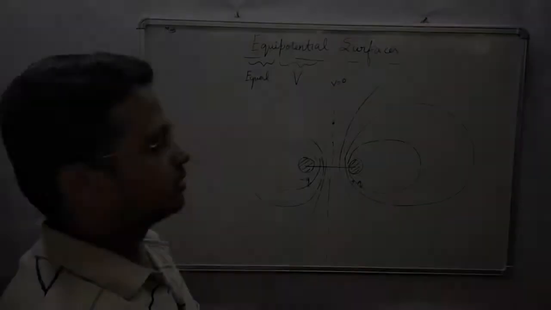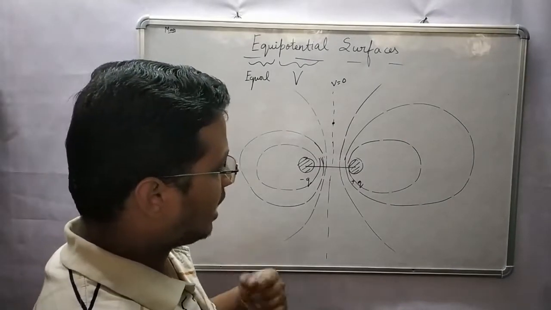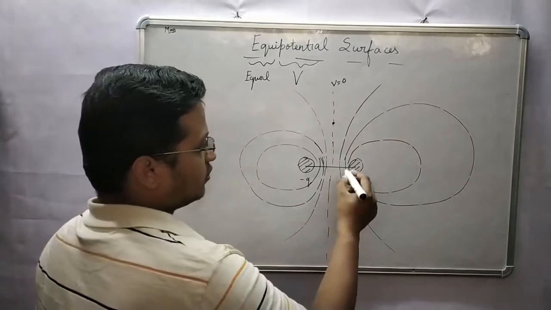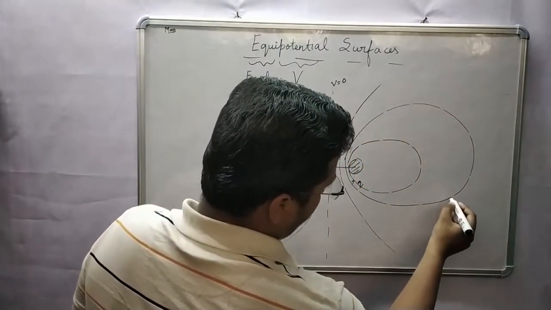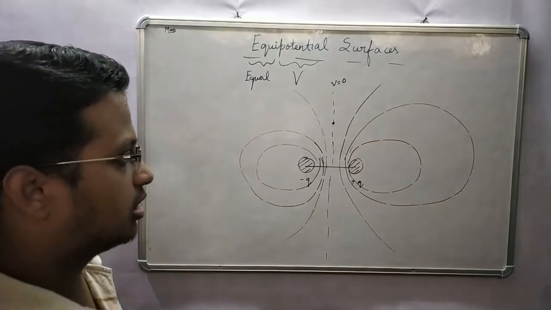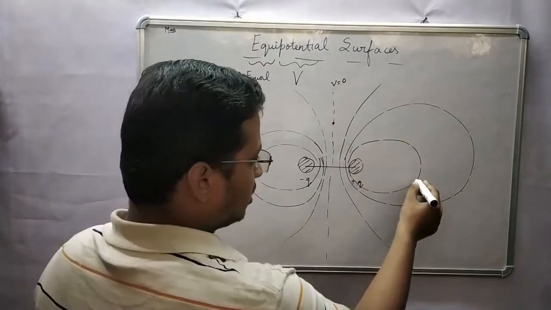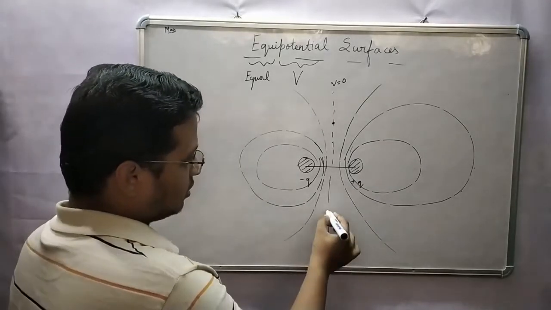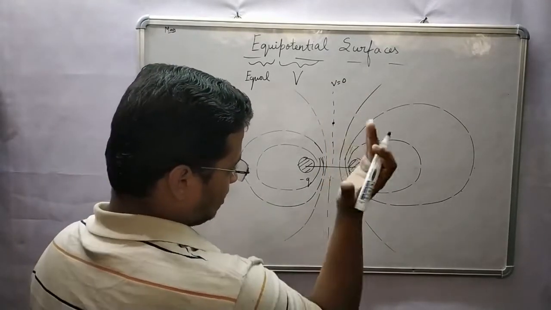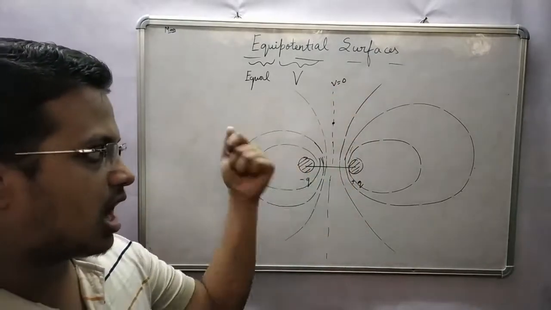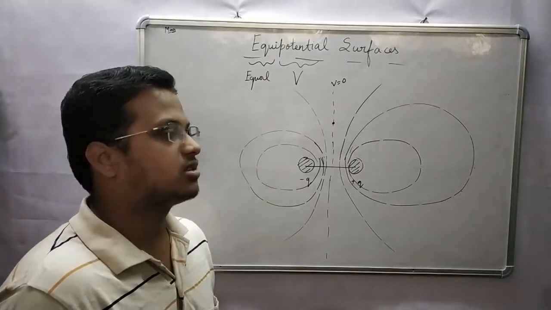Alright? Okay, so remember that every point on a given surface, so suppose we take this surface, all the points on this surface have the same potential. Similarly, all the points on this surface will have the same potential. All the points on this line surface have the potential 0. Such are called as equipotential surfaces.